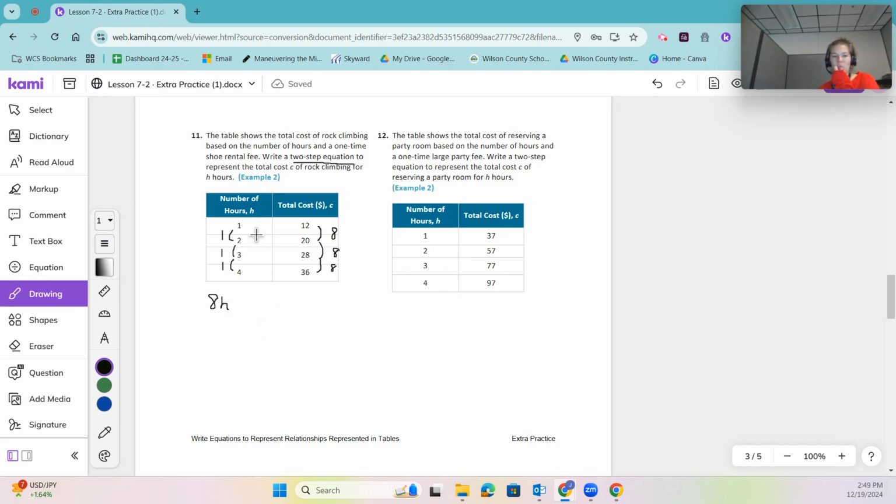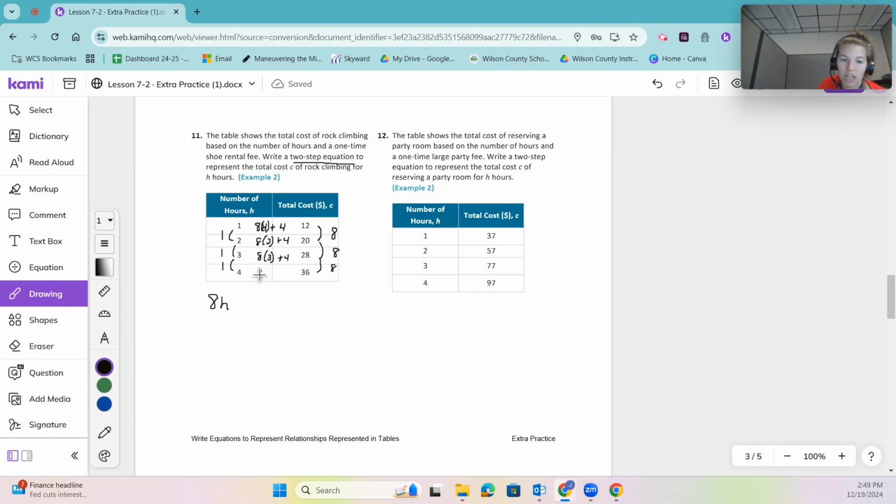Well then, if H is 1, I would do 8 times H plus what number is going to get me 12? Well, 8 times 1 is 8, plus 4 equals 12. So let's see if that works on the next one. 8 times 2, because H is 2 on the second one, is 16. 16 plus 4 is 20. 8 times 3 is 24, plus 4 is 28.